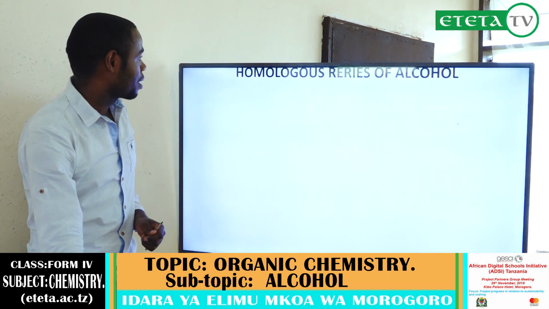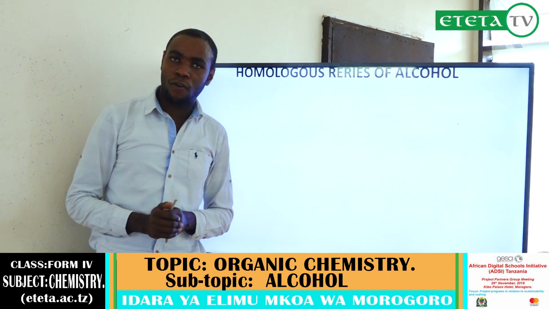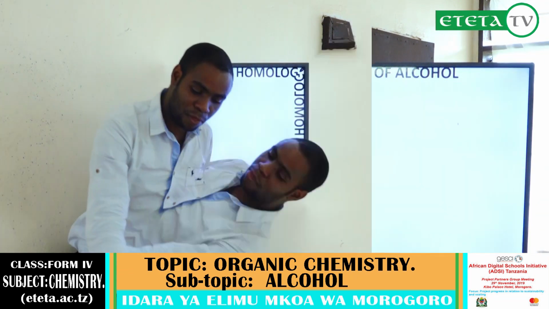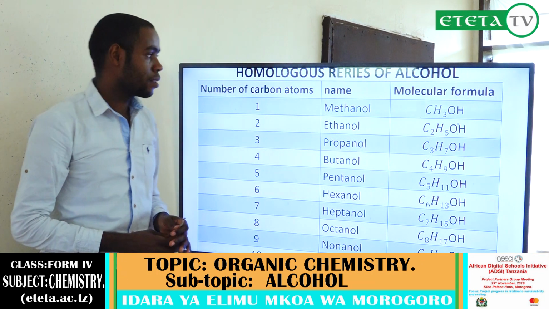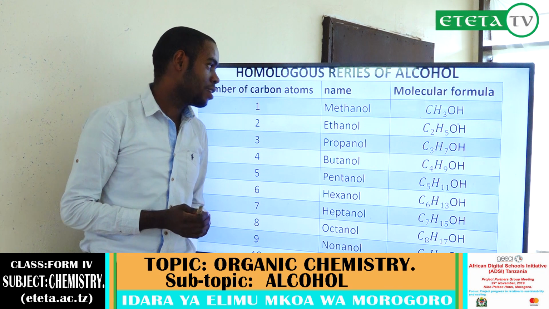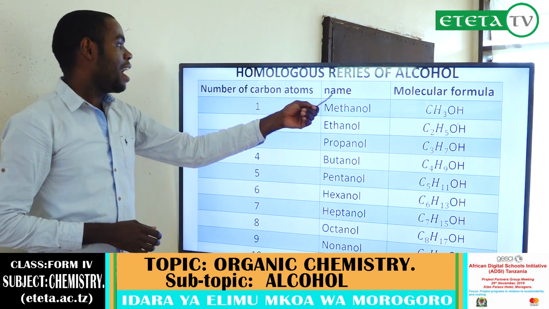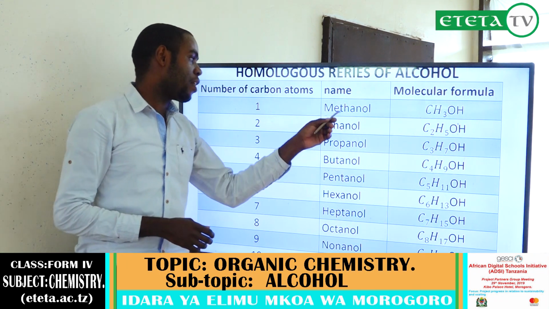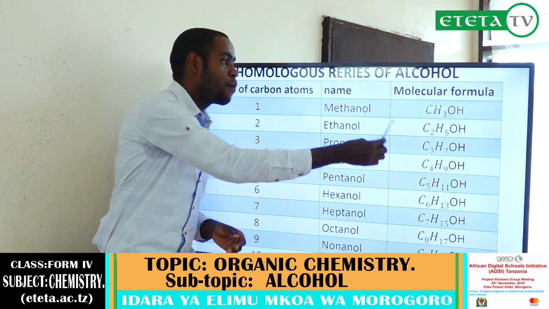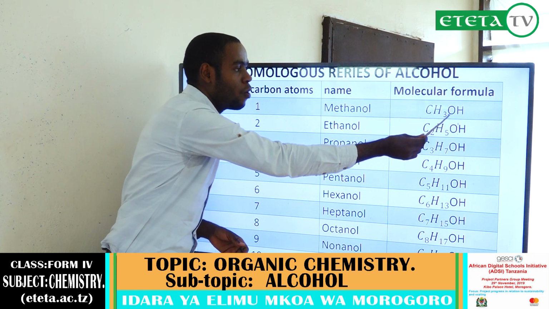Now, homologous series of alcohol. We have already discussed a lot about homologous series, so we go directly to the homologous series of alcohol. This table shows it. Starting with the first alcohol, methanol. The number of carbon for methanol is 1, and the molecular formula is CH3OH.